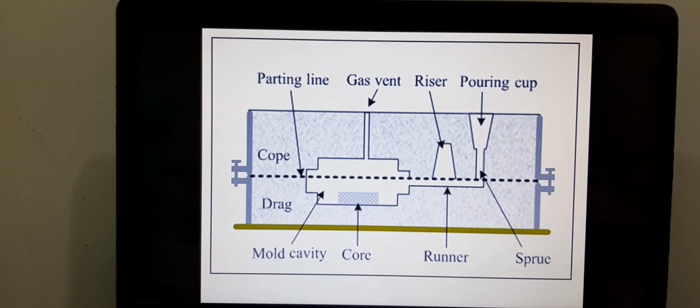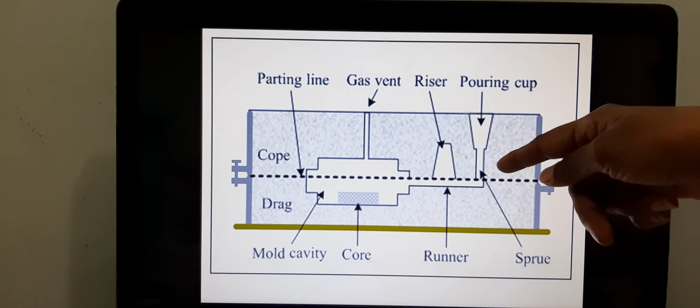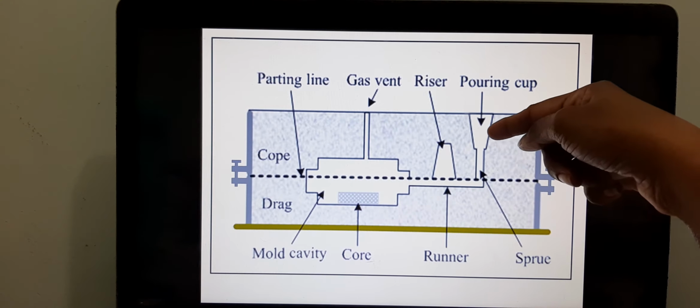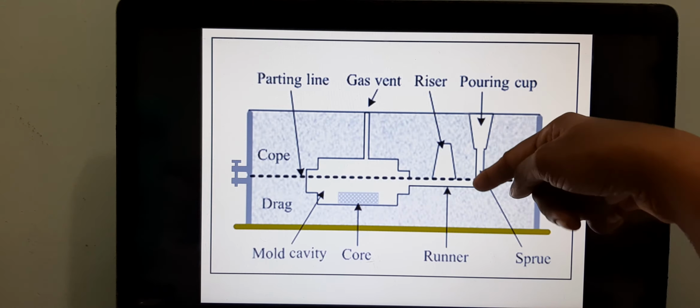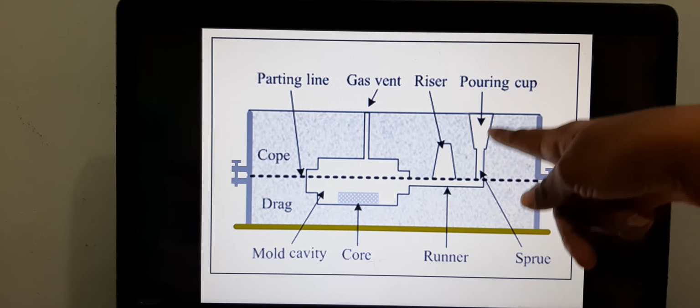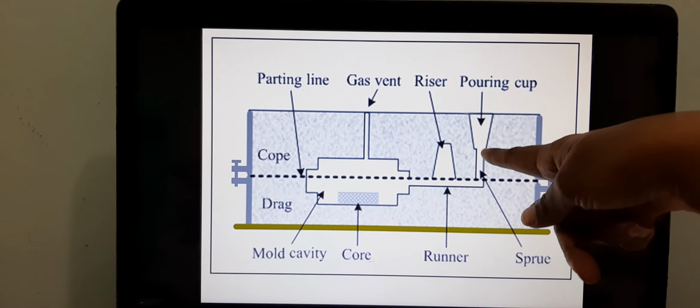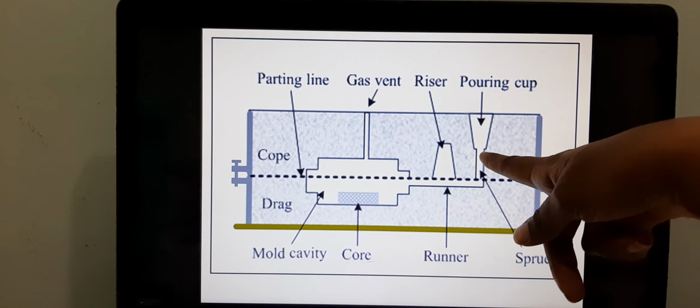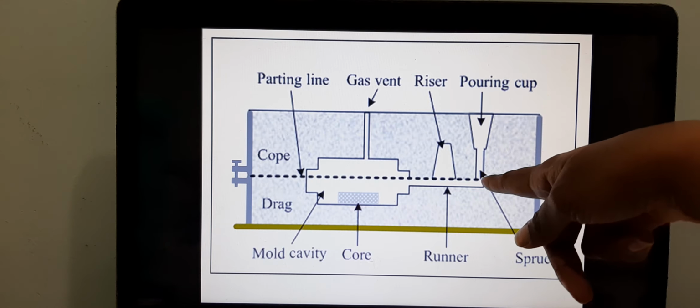Then you have a sprue, or sprue pin. Initially you have a sprue placed here during the construction of the cope and drag. The function of the sprue is to maintain the presence of this space.